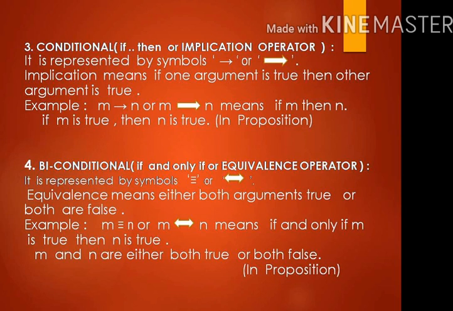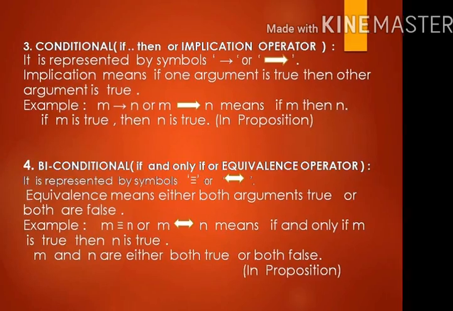Example, M equivalent to N means M is true if and only if N is true. M and N are either both true or both false in the proposition.